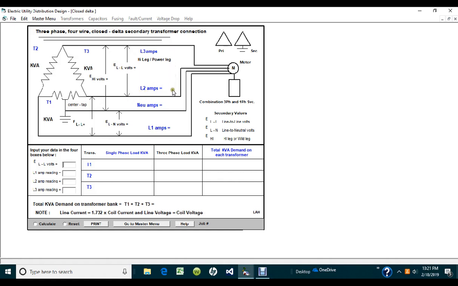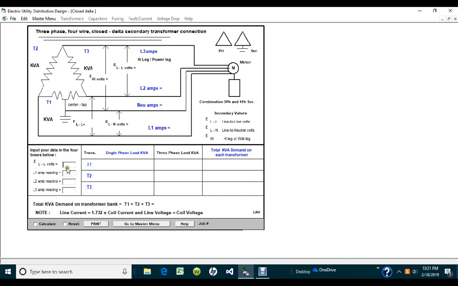And also between this line and line number 1, the same 240 volt voltage is being applied, and then between the 2 outside lines. So you'll notice here I have E line to line and E line to neutral and E line to line here.